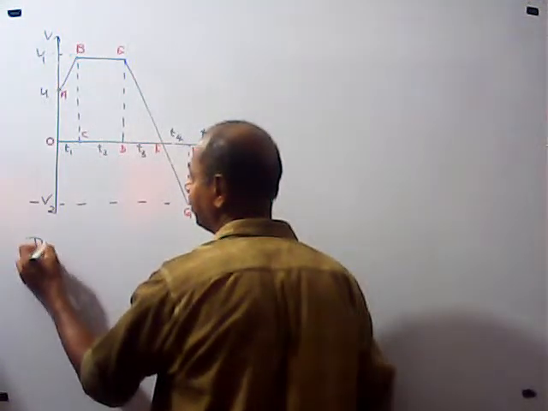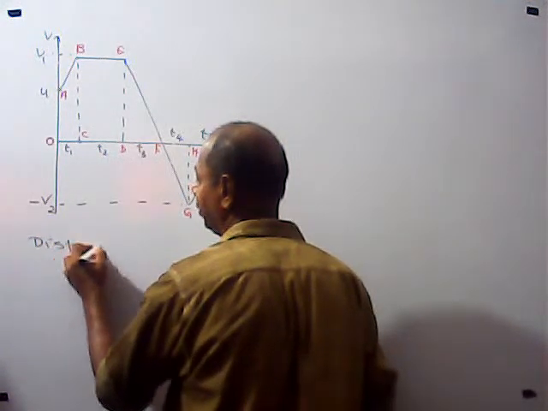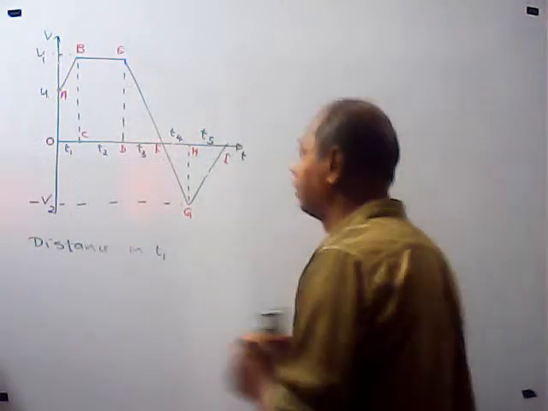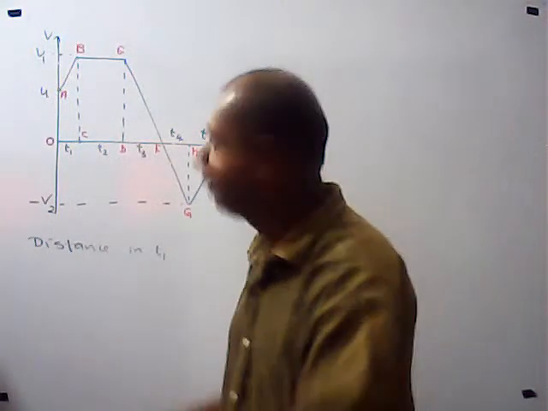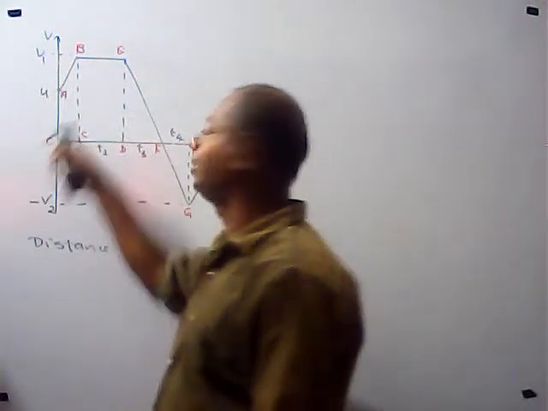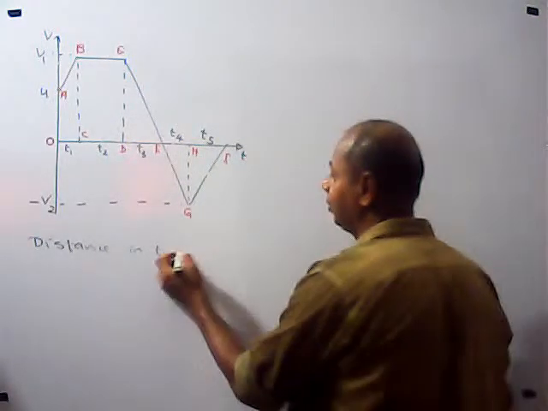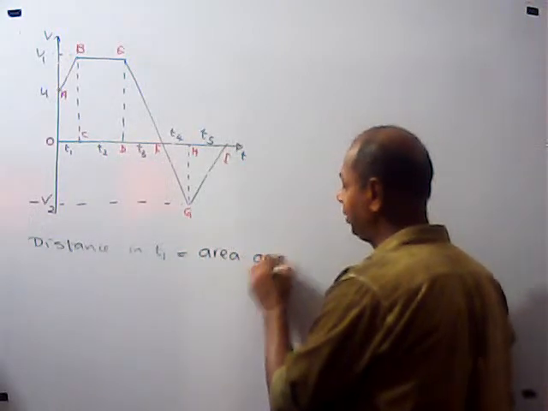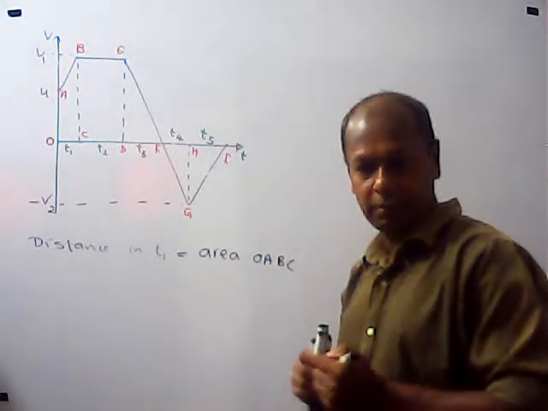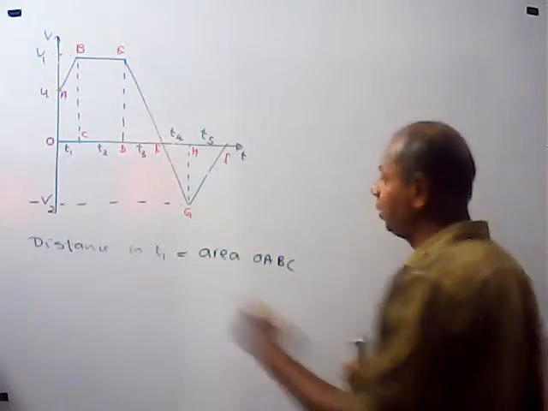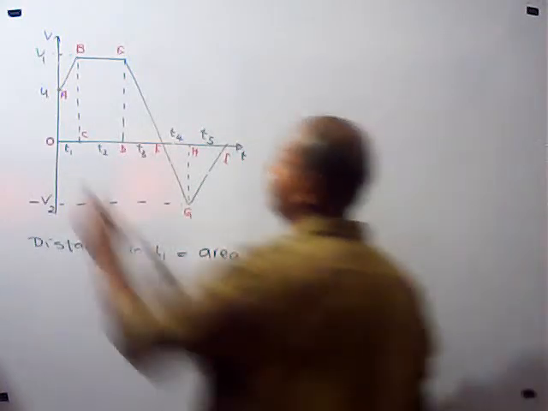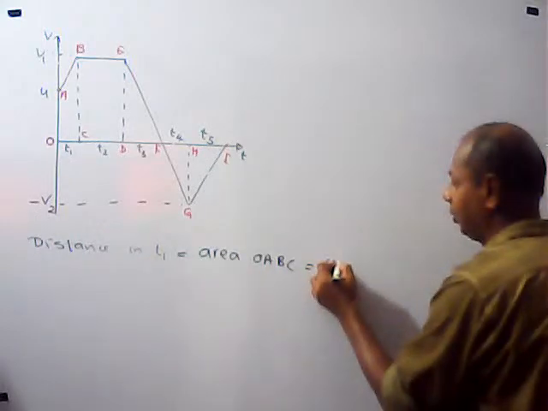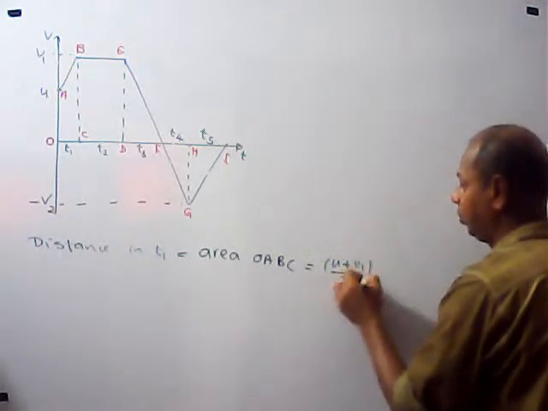So first the distance, right? Distance traveled in T1 is area OABC. Area OABC is a trapezium given by u plus v1 divided by 2 into t1.